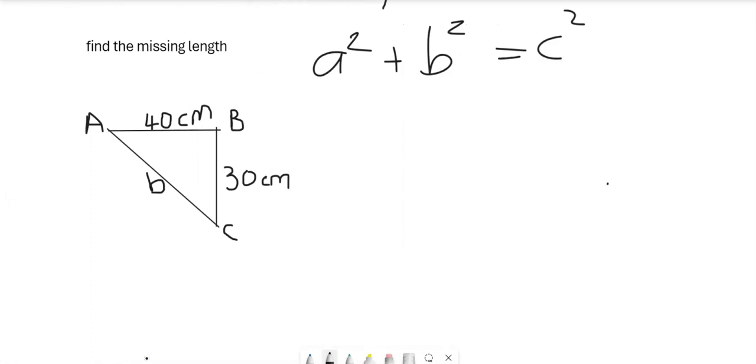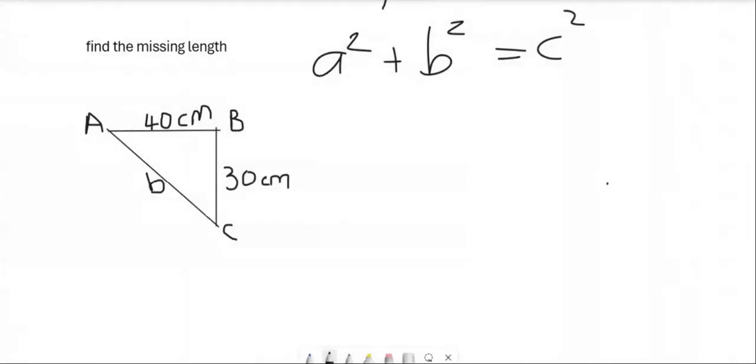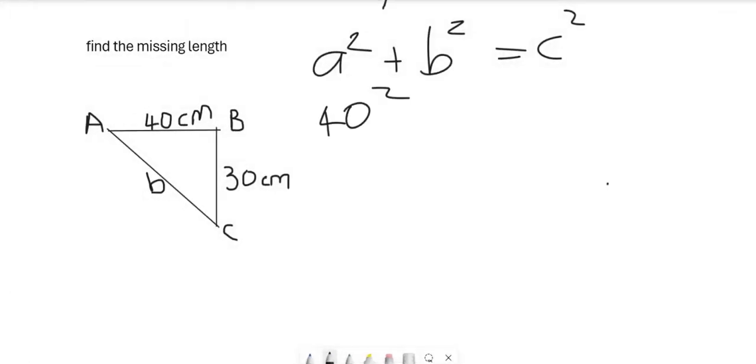So you will see that we do not have the long side, so that means we do not have c. So even though this line is labeled b, in our formula it is c. You have to pay attention to the details, right? So we don't have c, so that means we have a and b. So we can write 40 squared plus 30 squared equals b squared.